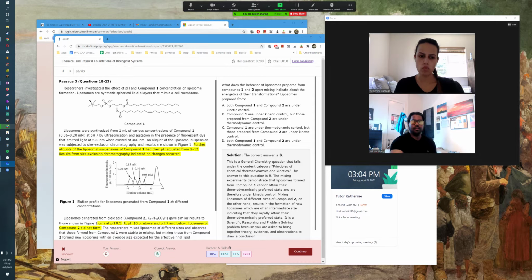So we cannot assume that these small liposomes were formed already.